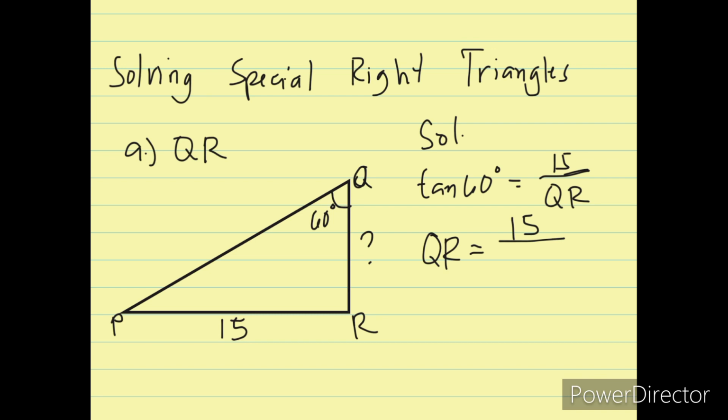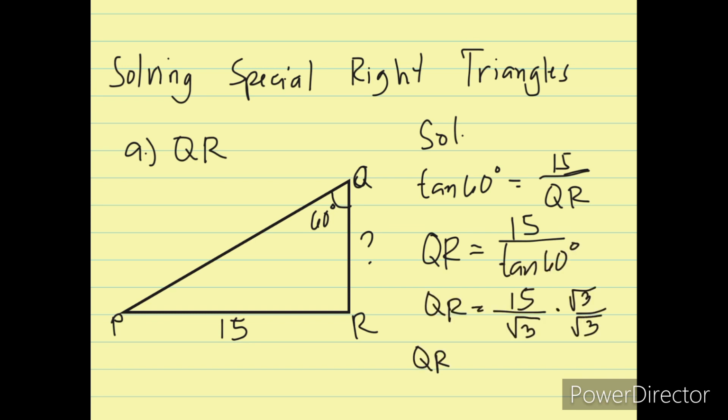Since there's a radical involved in the denominator, multiply it by square root of 3 over square root of 3. So our QR is equal to 15 square root of 3 over 3. And try to simplify that. Since 15 is divisible by 3, how many 3 are there in 15? We have 5 square root of 3. Therefore, that's the value of our QR, 5 square root of 3.